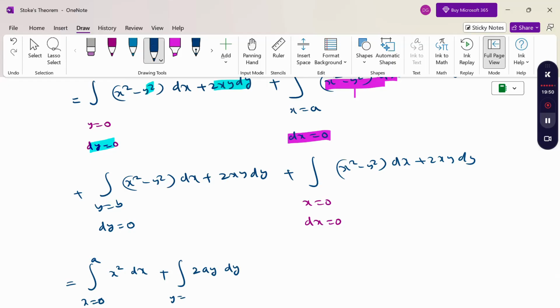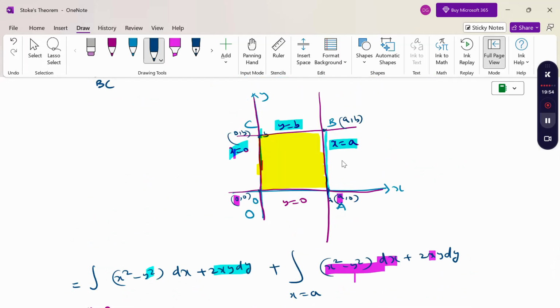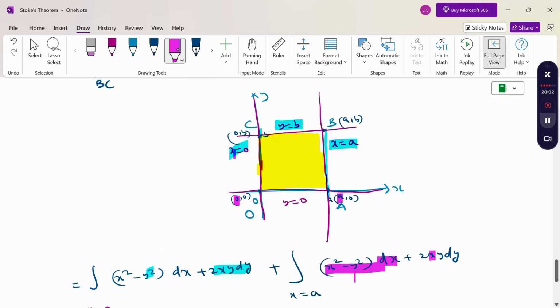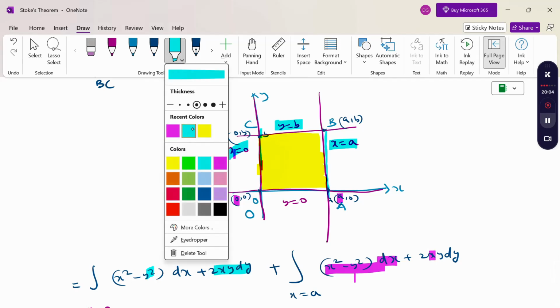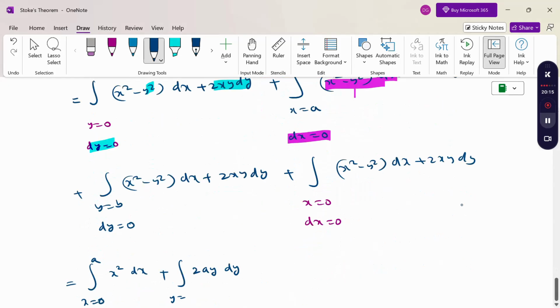The y range, from A to B, is 0 to b. Therefore, the y range is 0 to b.